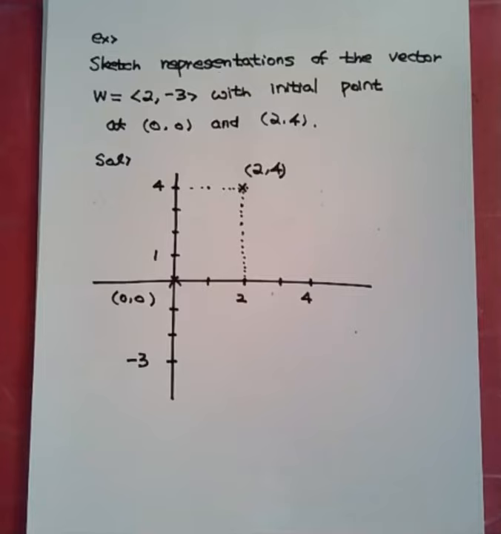In this problem, the vector is given and the initial point is given. What we want to do is sketch the vector ⟨2, -3⟩, which starts at (2, 4).